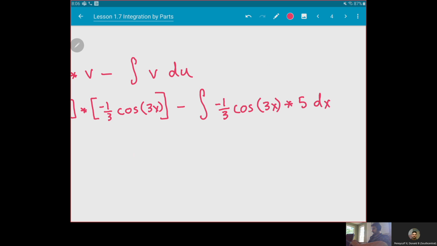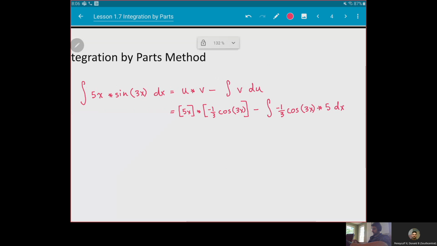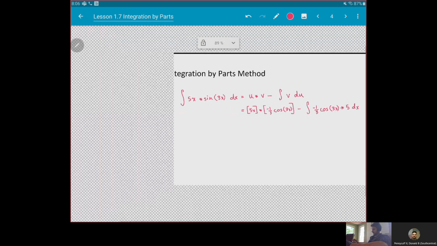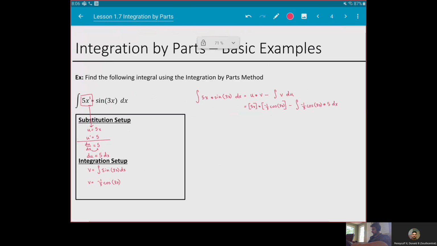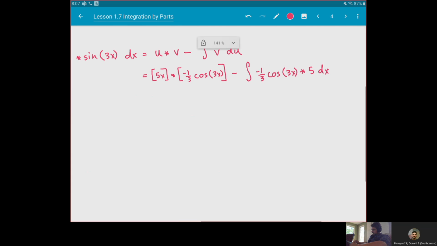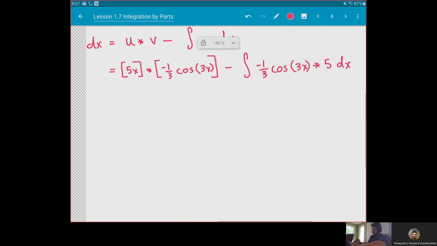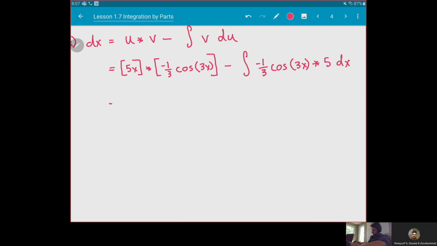All right, so let's zoom out just to make sure that I've got everything just right. Okay. All right, so let's simplify this stuff out. So that's going to be negative 5/3 x cosine 3x.